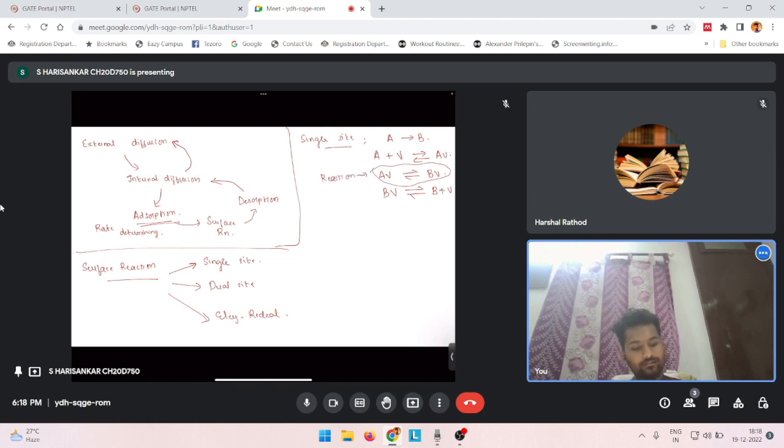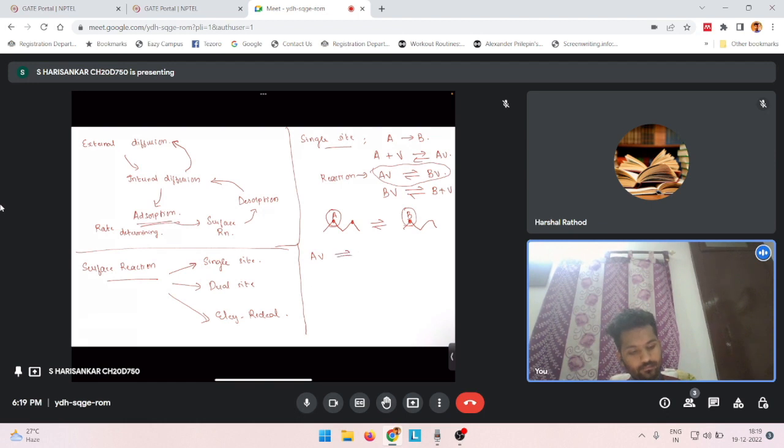So in this single site model, if we have, let's say, these active sites, then A will get adsorbed here and form AV, and this will react, and B will also form on the same active site, and then it will get desorbed and so on. So basically, this is a single site mechanism. We have to write the equation also for this, right?